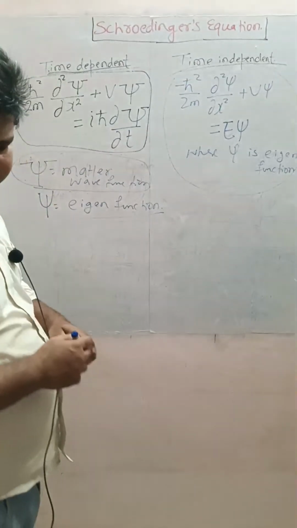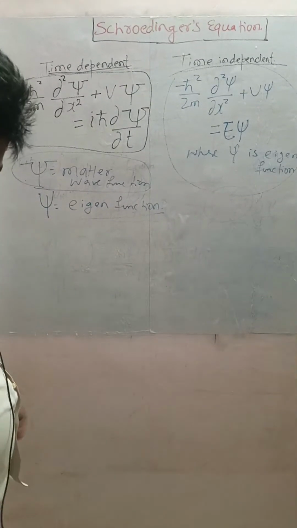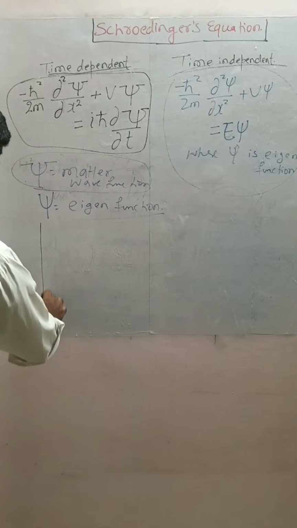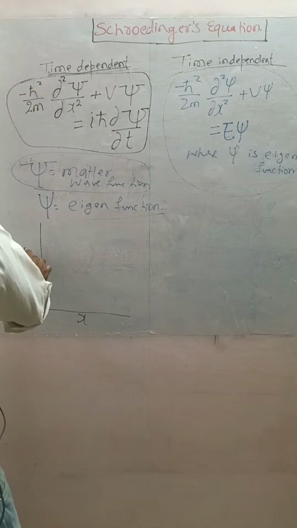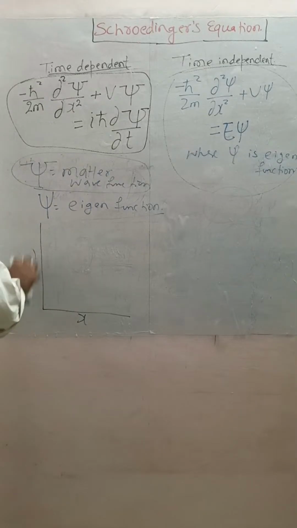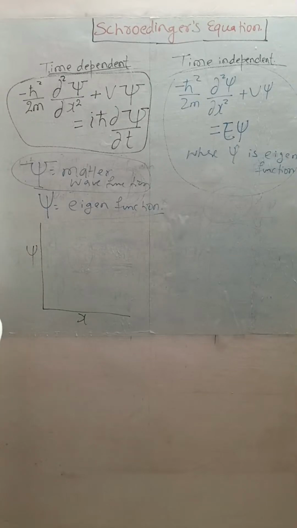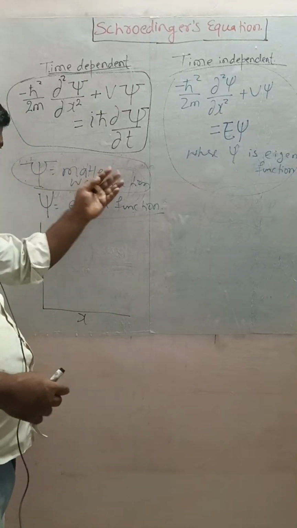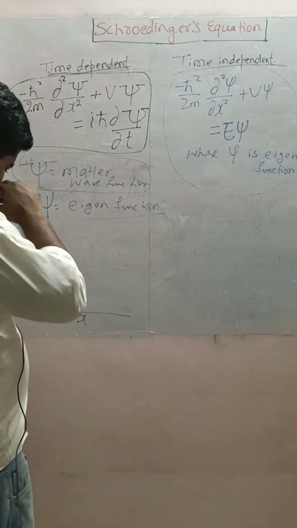I'm drawing a graph to show you what this means. Just analyze it. Eigenfunction is over this axis, a graphical representation, and this is the axis through which the matter wave function is propagating. This is the function of this. What is the meaning of continuous?